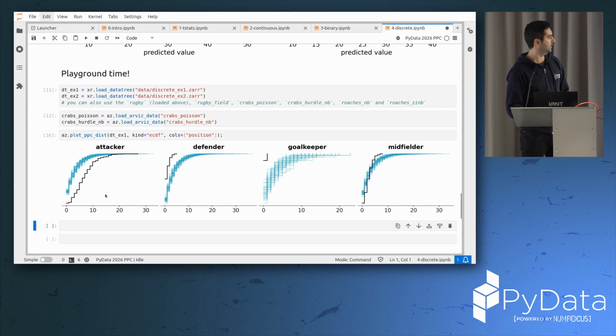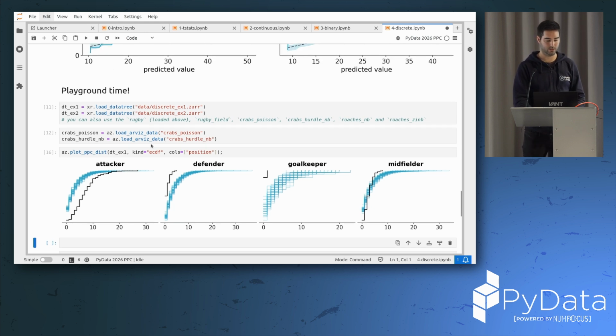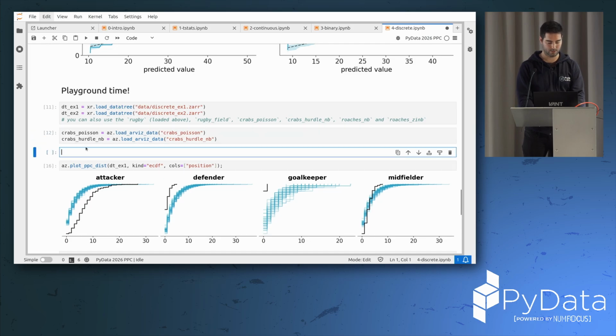And we are under-predicting for attackers, over-predicting for defenders, goalkeepers, midfielders, and so on, because we are assuming that everybody has the same behavior, which is not the case. And this is mostly fixed for the second model.